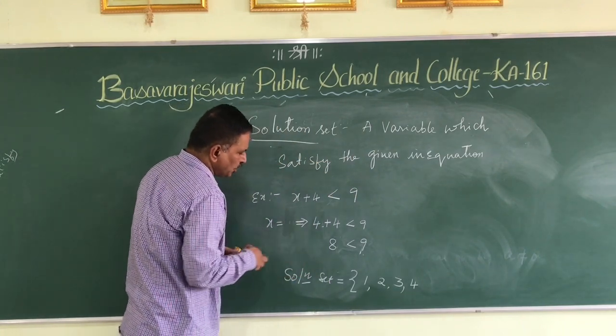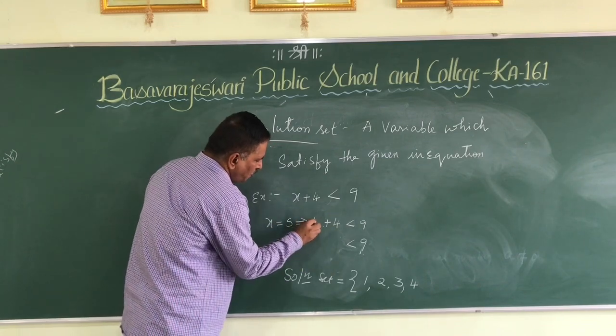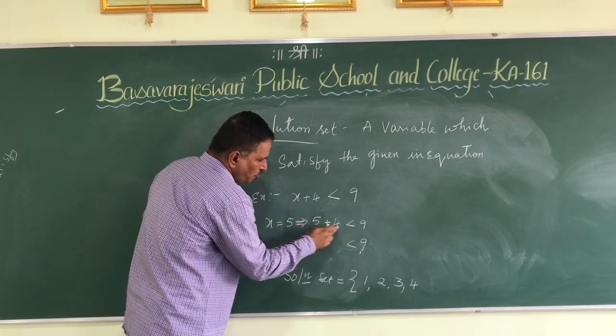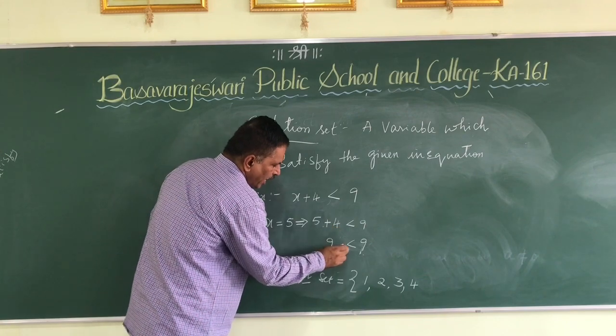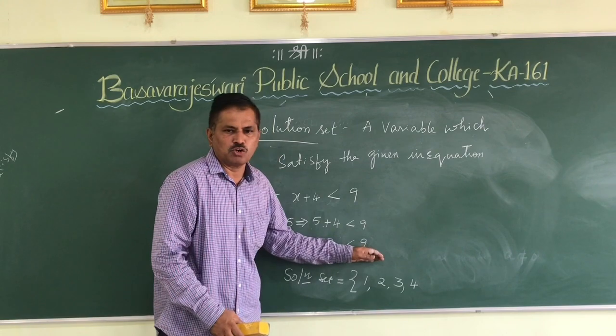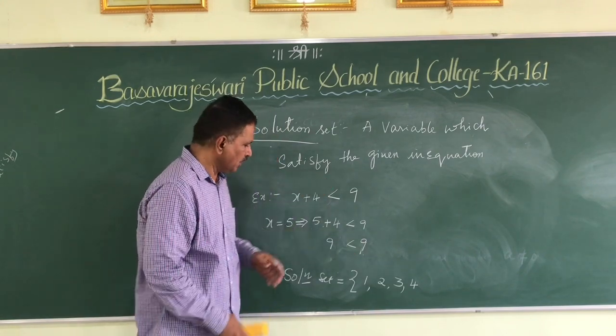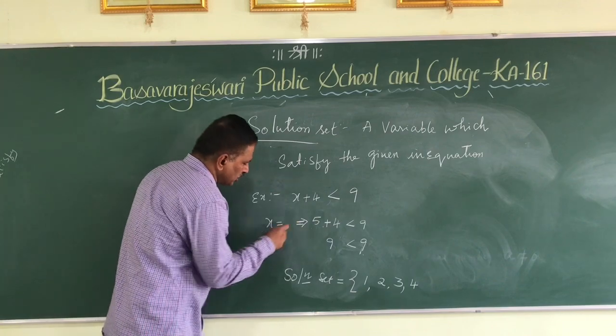Suppose I take x equal to 5. Then 5 plus 4 is 9. 9 cannot be lesser than 9. 9 is equal to 9. This will not satisfy the given inequation. Suppose I take x equal to 6.